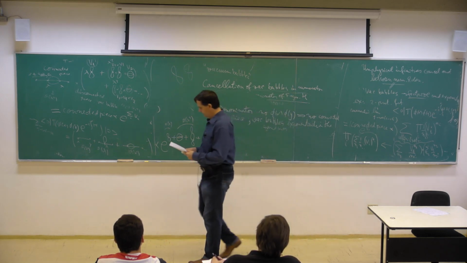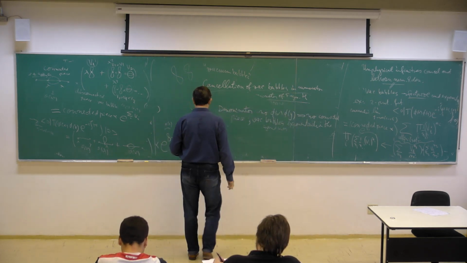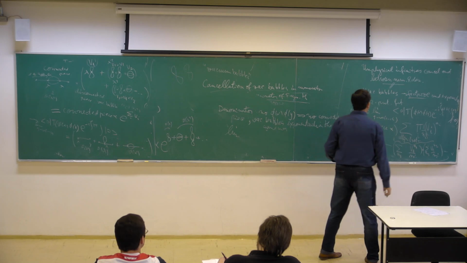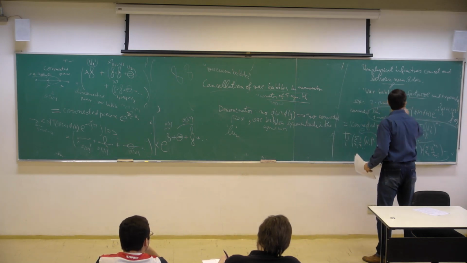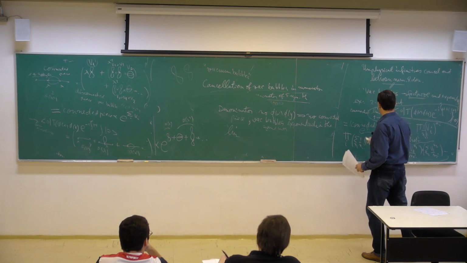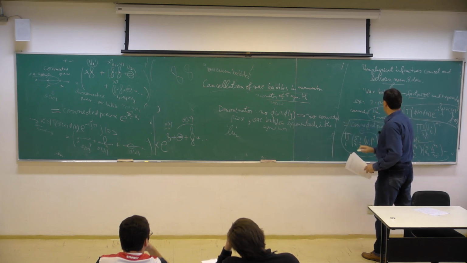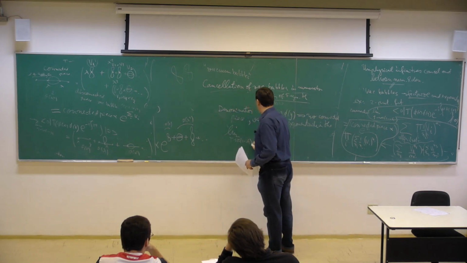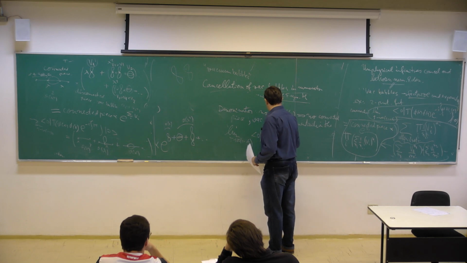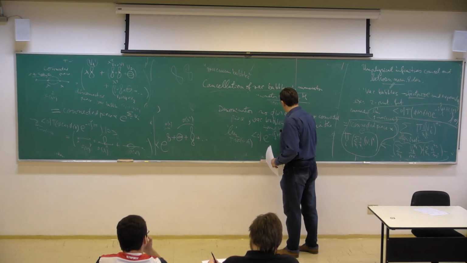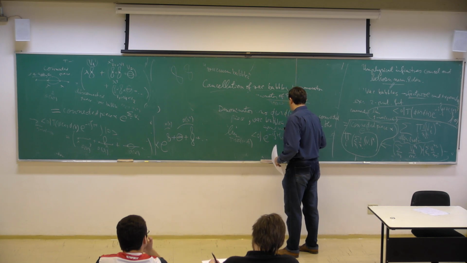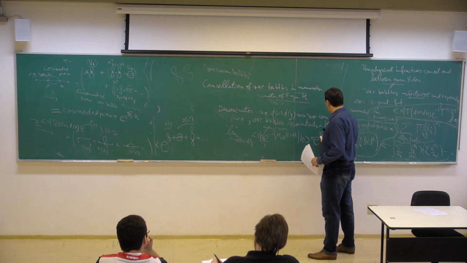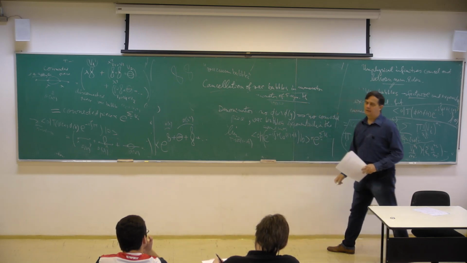Right? So we can say then, more formally, that this was equal to the connected piece times this, and then the limit, this is just equal to e to the sum over i of Vi. Okay?